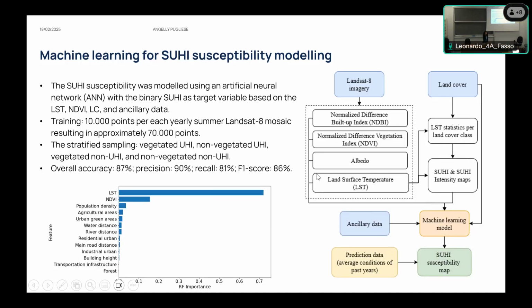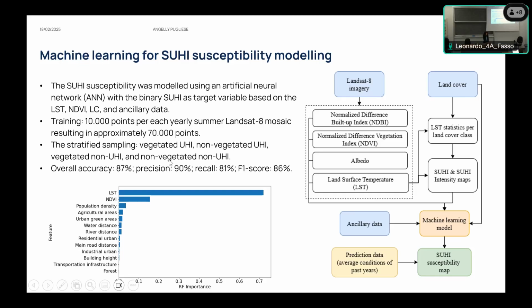In this case, the data were all these Landsat 8 derived indexes, like the NDVI, albedo, the land surface temperature, just in the case of the susceptibility, and the land cover. I also used other ancillary data like population density and building height.